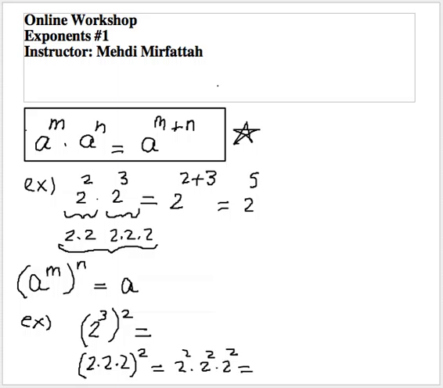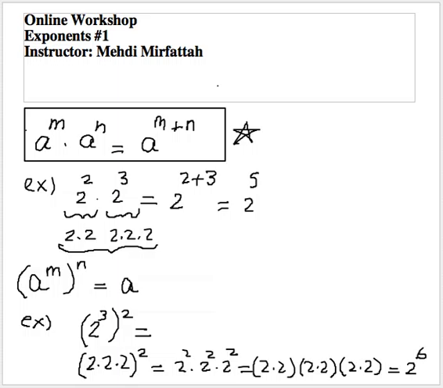Each of those would consist of 2 2's, so we have 2 2's for the first one, 2 2's for the second, and also 2 2's for the third one here. So how many 2's do we have here? We have a total of 1 2 3 4 5 6 2's. So it looks like we have 2 to the power of 6.